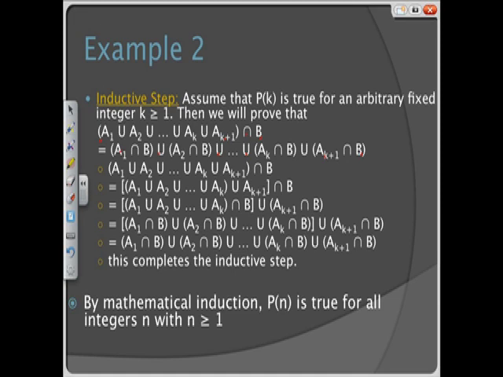So first, we'll show that the union of the sets A1 through Ak+1 intersection B is equal to the union of the sets A1 through Ak union Ak+1 intersection B. This equals the union of the sets A1 through Ak intersection B, union Ak+1 intersection B. So this equals the union of the intersections of the sets A1 through Ak and B, union Ak+1 intersection B. Finally, this equals the union of the intersections of the sets A1 through Ak+1 and B. So this completes the inductive step.